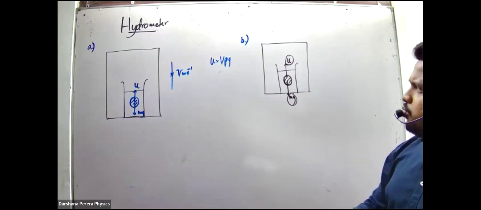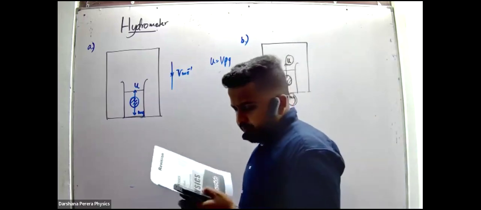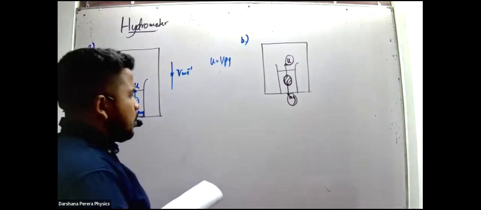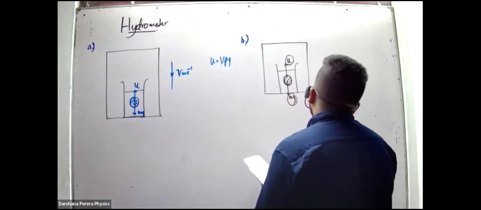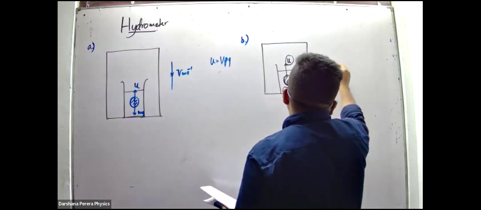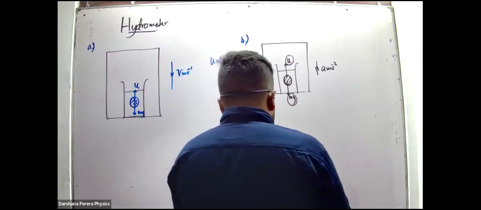Okay, write down the first. Then write down B part. A body moves upward with uniform acceleration.